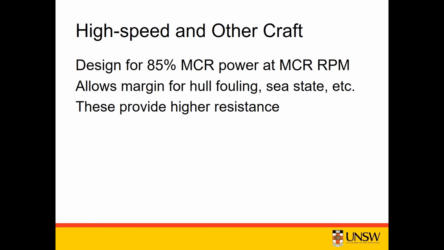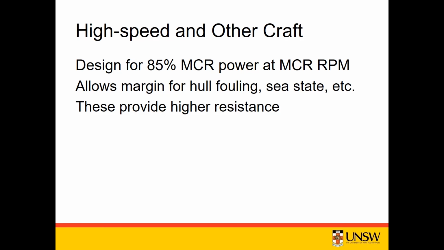And then we come to the high speed and the other craft. Typically, these sorts of craft design for 85% of their maximum continuous rating power at the MCR RPM. And that allows them a margin for hull fouling, for sea state, to be able to maintain a scheduled service, for instance.